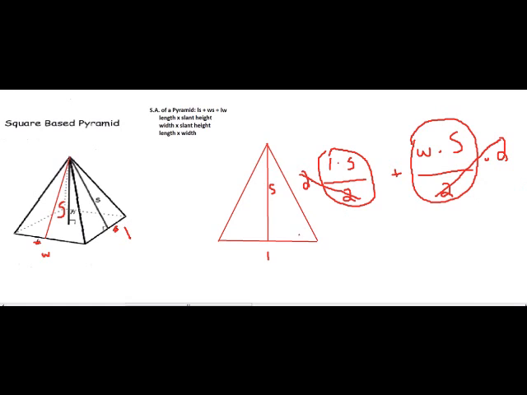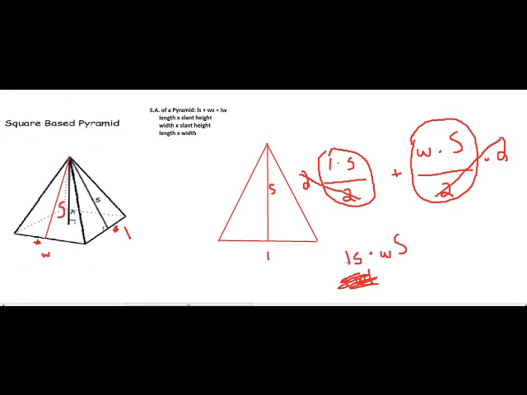So to get the area of all 4 of the triangles, ignoring that little base on the bottom, you can do the length times the slant height plus the width times the other triangle's slant height. Now if you want to get the total area, you can just add the width times the length to get the base. But for now, let's just focus on this area right here.